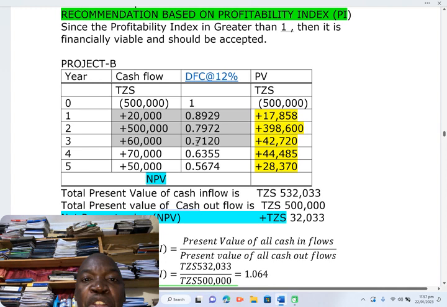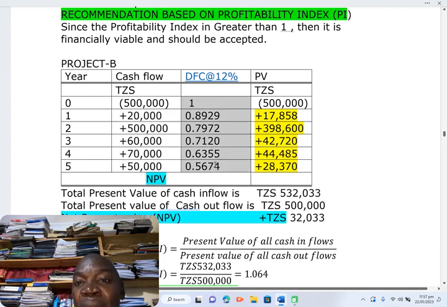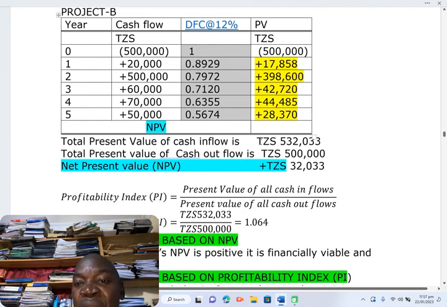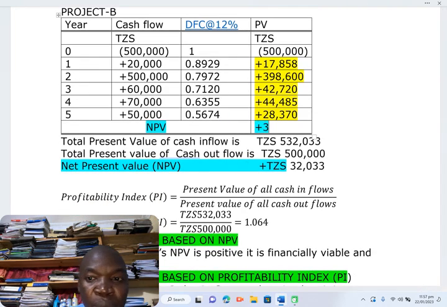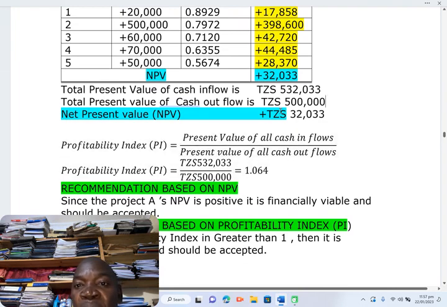This is our cash flow stream and they are discounted at the same rate here. So the NPV is also positive, 32,000. So the profitability index is also 1.064, but the NPV is also positive.